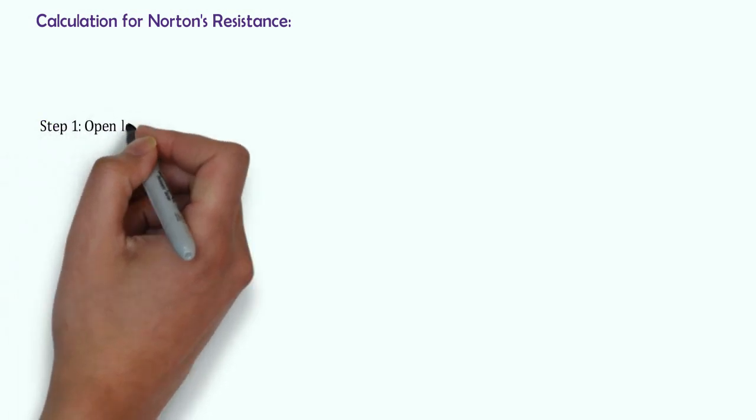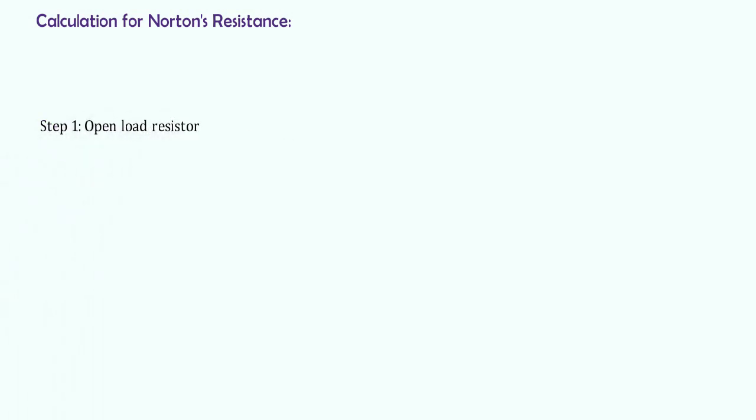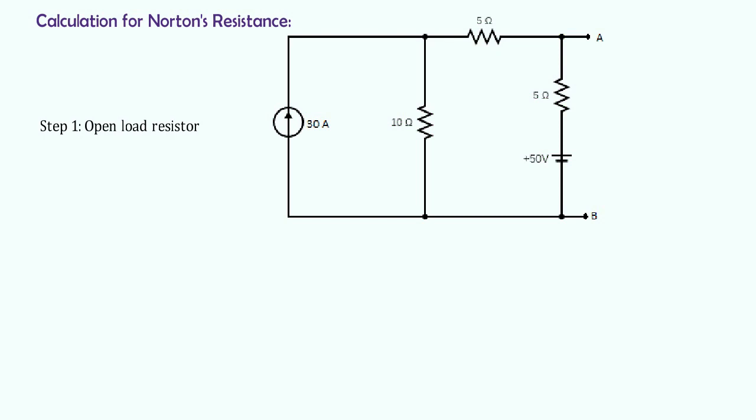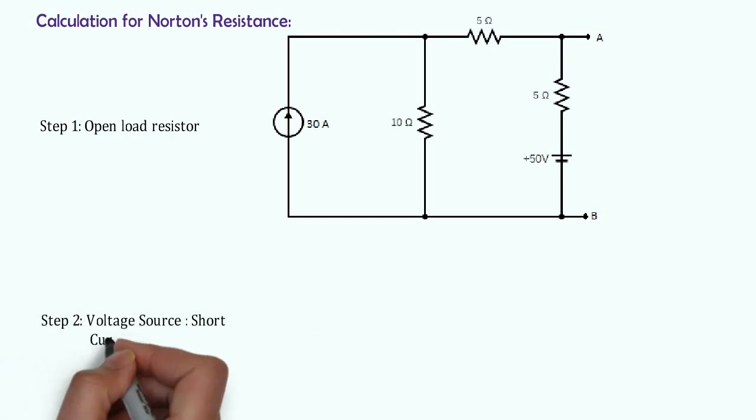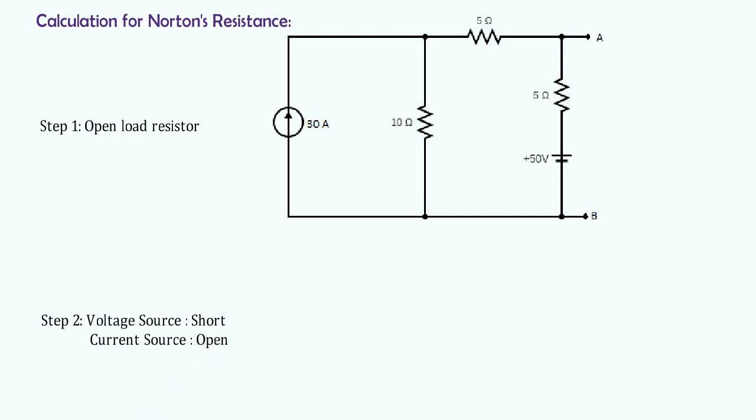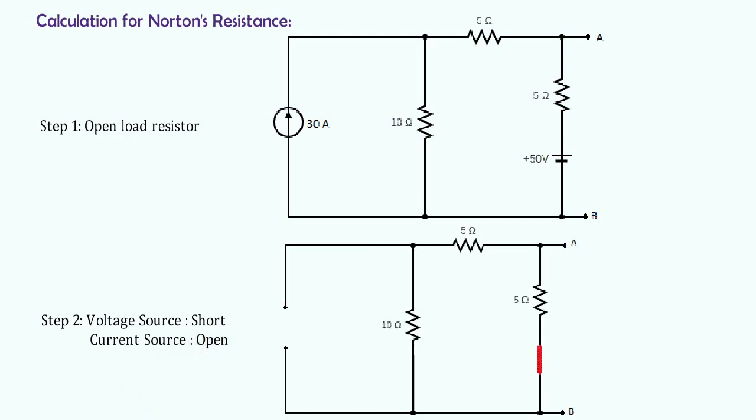Friends, the procedure to find Norton's resistance is the same as for Thevenin's resistance. Here, in the first step, we will remove the load resistance and redraw the circuit diagram. Now, in the second step, we are supposed to short all the voltage sources and open all the current sources. Hence, the circuit will look like this.